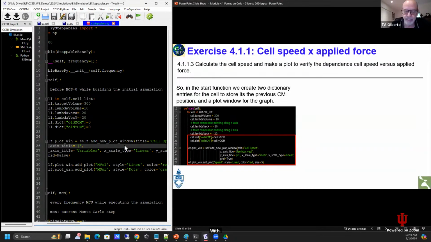And here I will put force strength, lambda vec. These bars mean modulus of lambda vec. And here is modulus of v, which is the speed.